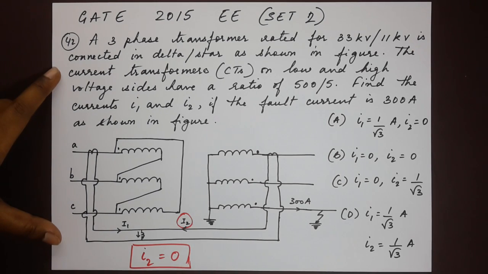Now to look at the second part, in order to find the value of I1, we will have to take the rating of the primary side and the rating of the secondary side into consideration. So you must remember that the kVA rating of both sides must be the same. They must be equal. So we are talking about kVA rating, not the voltage.